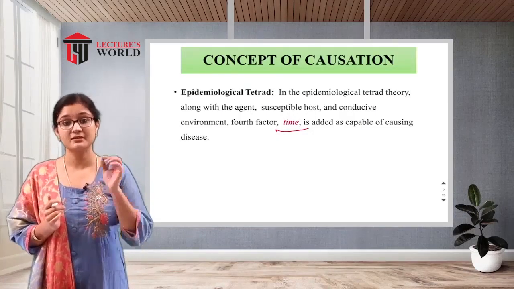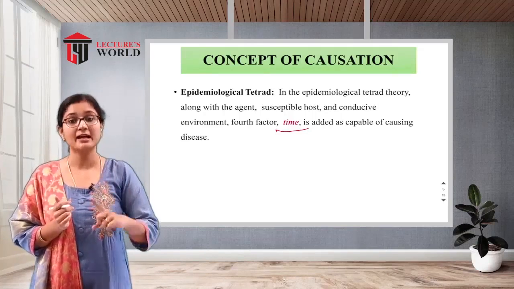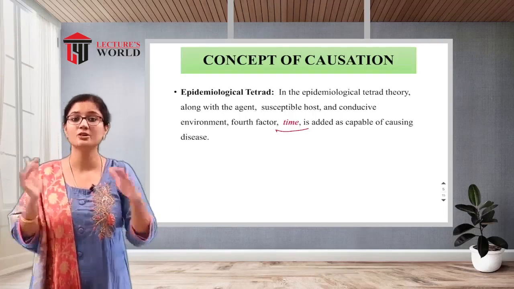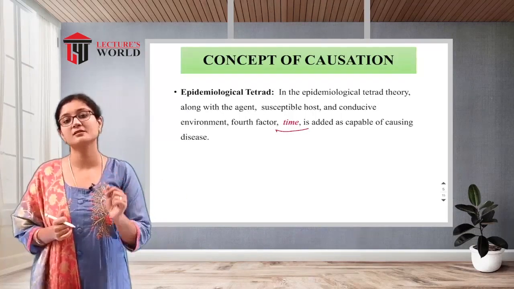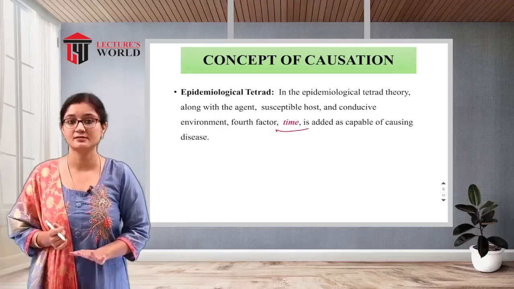So what will happen? The environment is conducive for me to get the disease, right? And I am sitting for almost 5 hours with him. Now this is a very long period. So time also plays a very important factor for me to get a disease or not to get a disease.